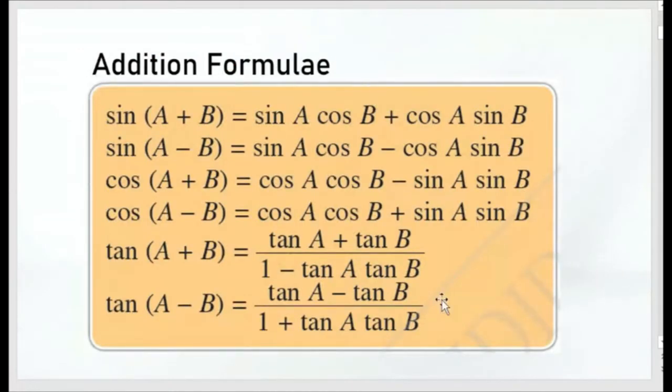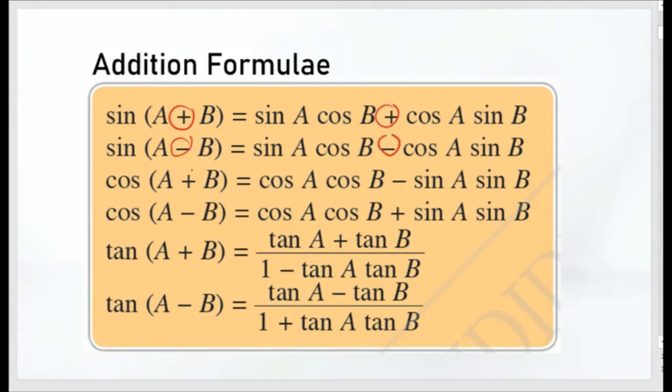Then I show you what the addition formula is. Addition includes the minus, plus or minus. So sine in bracket A plus B is sine A cos B plus cos A sine B. Then minus.